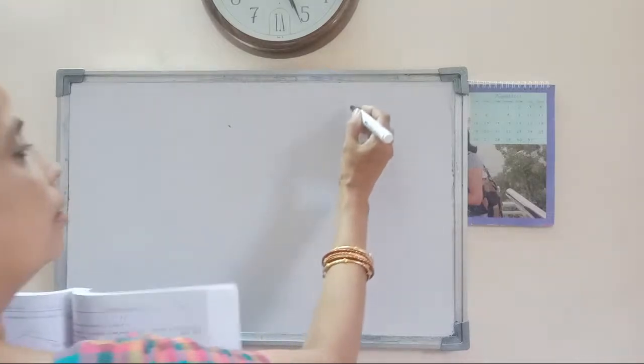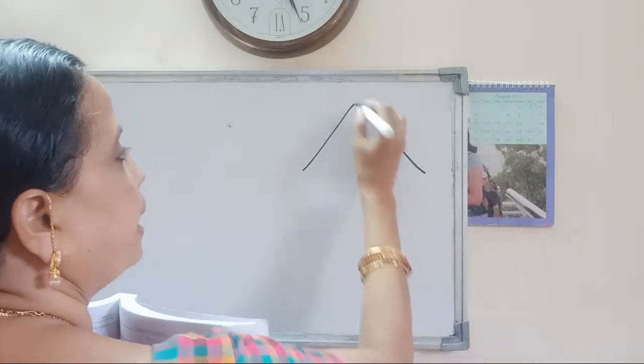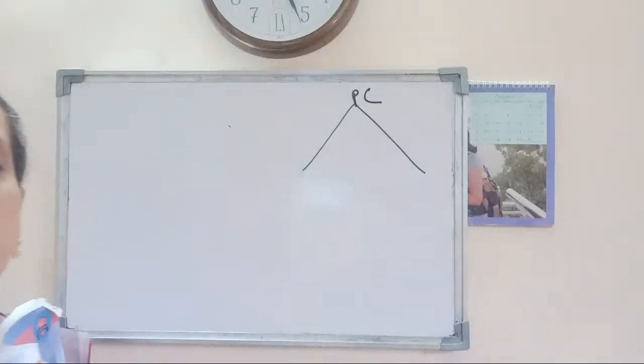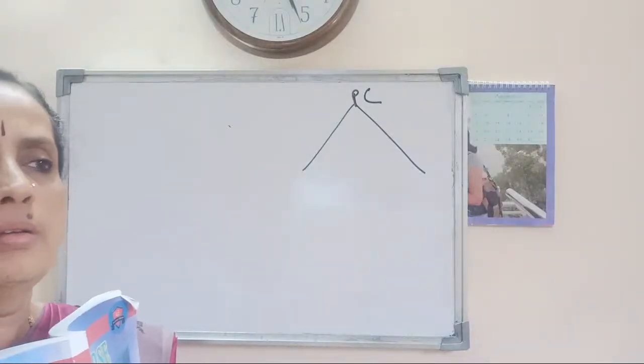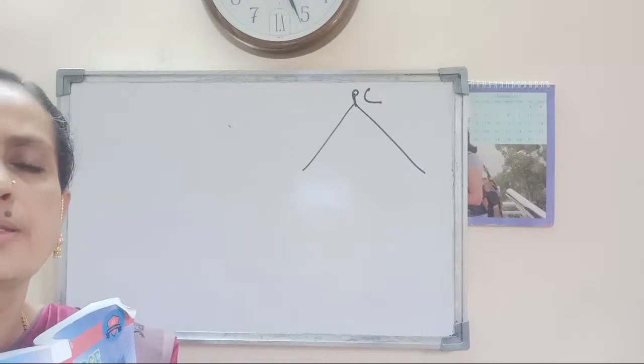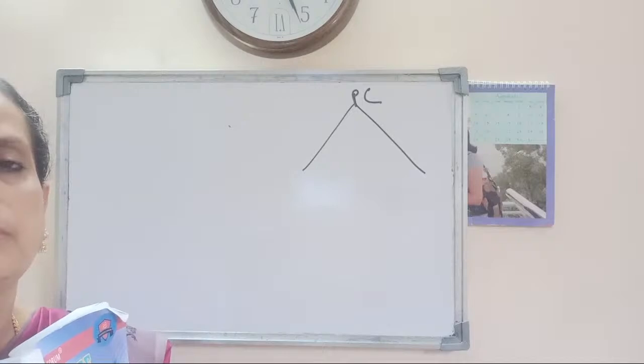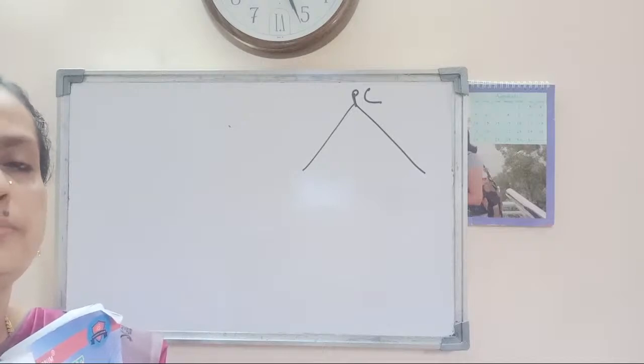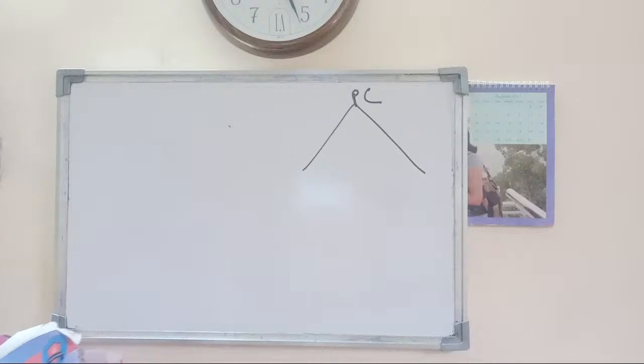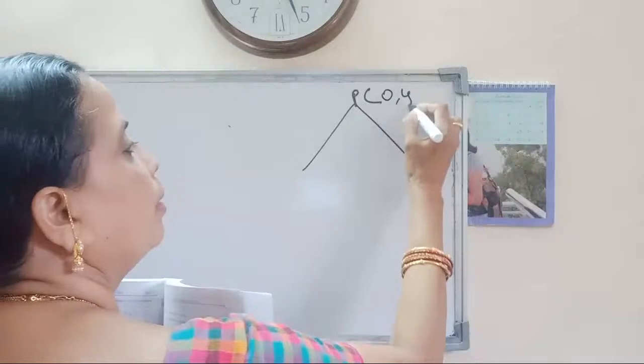Next question. Which point on the y-axis? So a point on the y-axis means what can we take? Yes, 0, comma y.